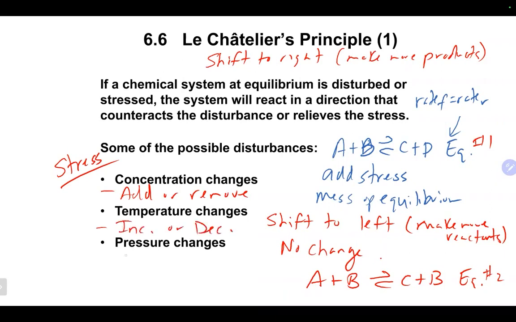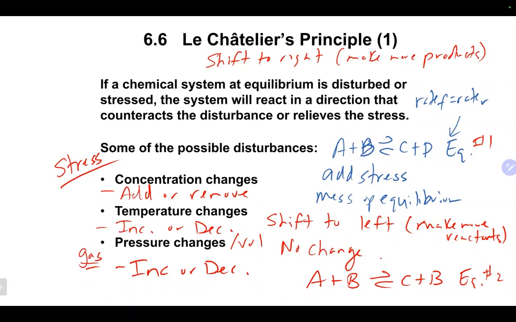You can change the pressure. Pressure and volume really go together, and this is a lot of times dealing with a gas equilibrium. You basically do the same thing: you can increase it or you can decrease it. So we're going to talk about each of these and what happens if you add or remove concentration, or increase or decrease the temperature.